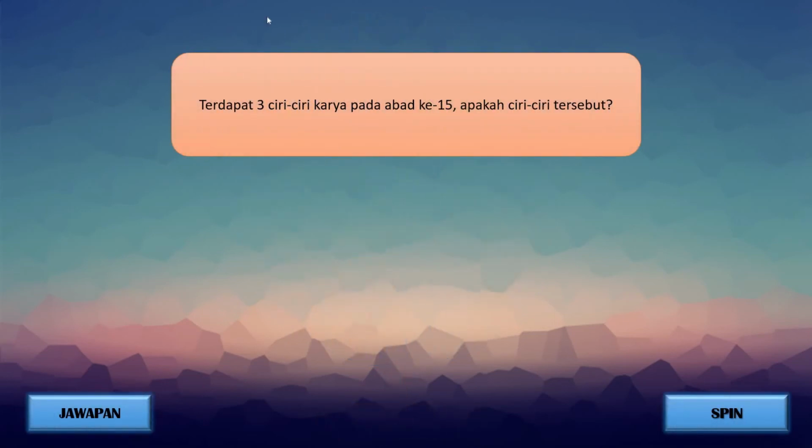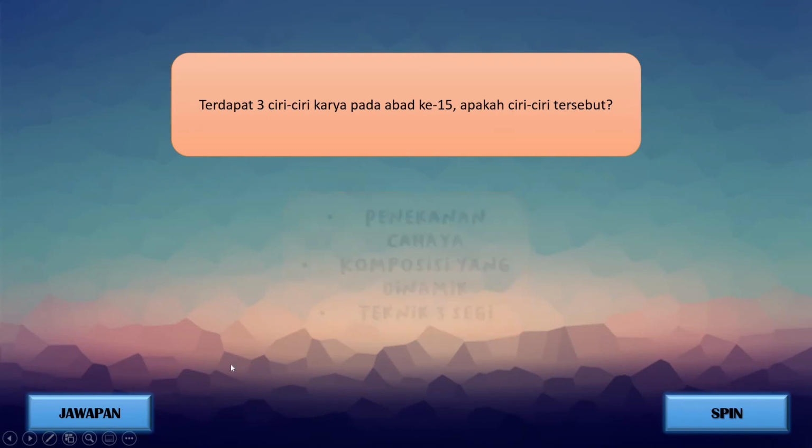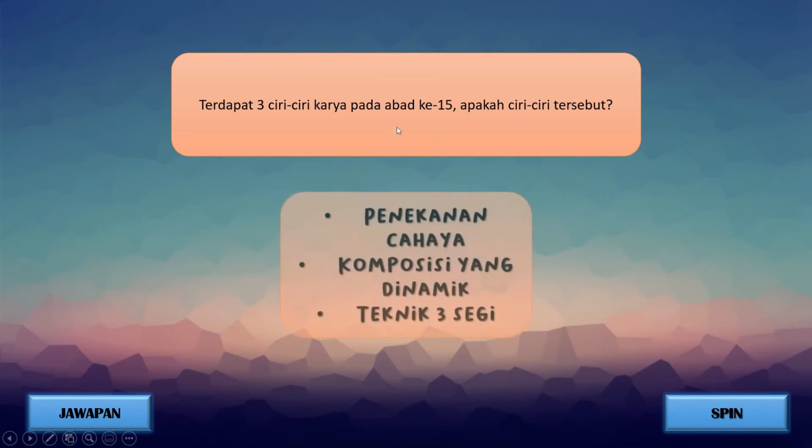so they get this question. They only have 1 minute to read, discuss, and answer. After they have answered the question, I will click here for the jawapan, the answer. So the answer will come out like this.